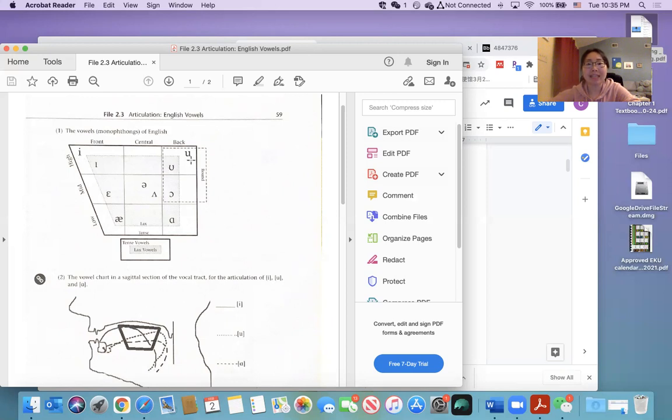And so this is the tongue advancement. If our tongue is in the front part of our vocal cavity, we call it a front vowel. If it's towards the back of our vocal cavity, we call it a back vowel. If it's in the middle, then we call it a central vowel.